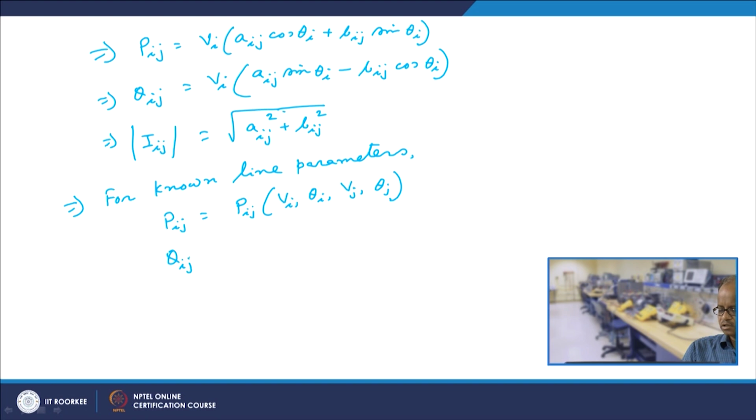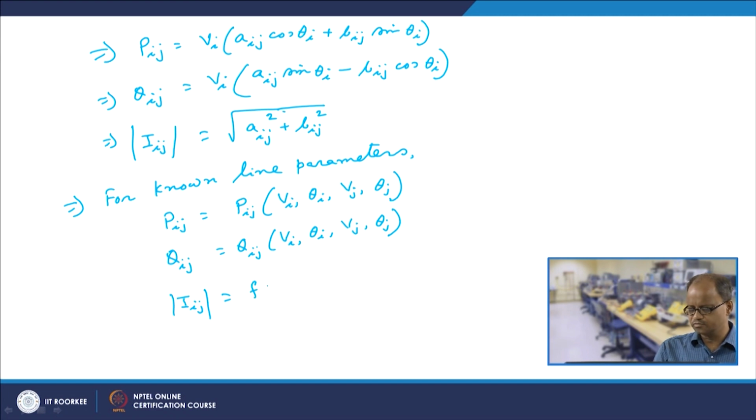Similarly, Qij is some other function of Vi, theta I, Vj, theta j, and mod Iij is also some other function.